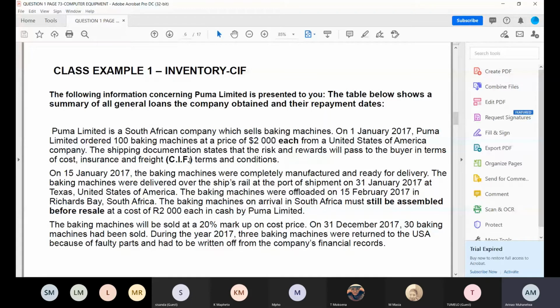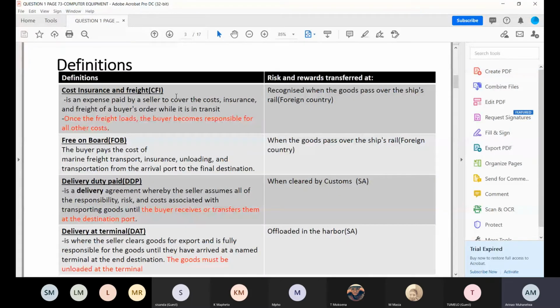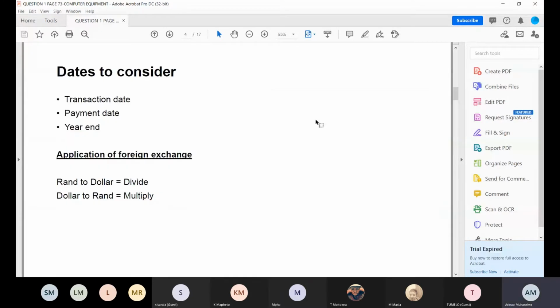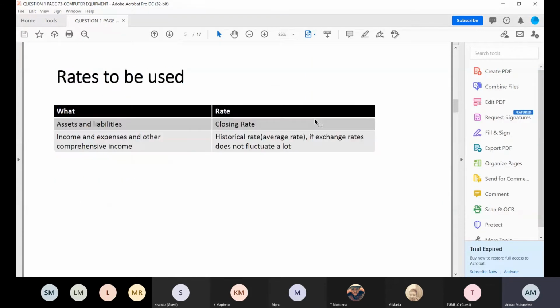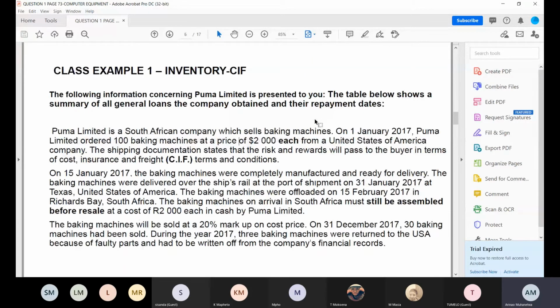If I go back to the CIF here, it says that in order for me to determine the transaction date, it's when the goods pass over the ship rail in the foreign country. In other words, once the freight loads, the buyer becomes responsible for all other costs. And that's where the transaction starts. So when you're dealing with a foreign exchange transaction, it's very important to know the transaction date.